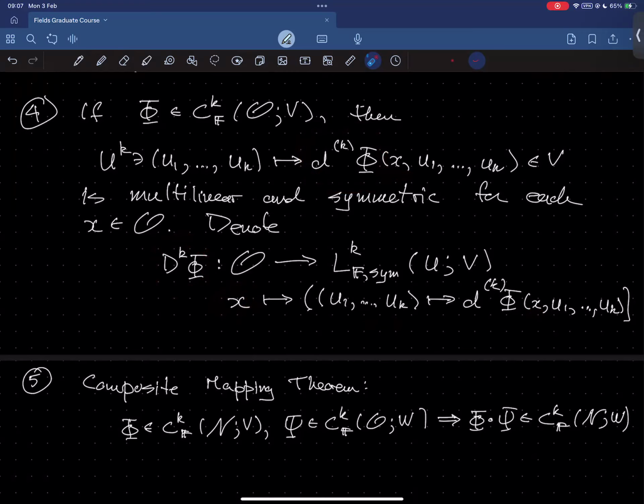So I said, and I'll repeat it here, d^k phi is not generally continuous.